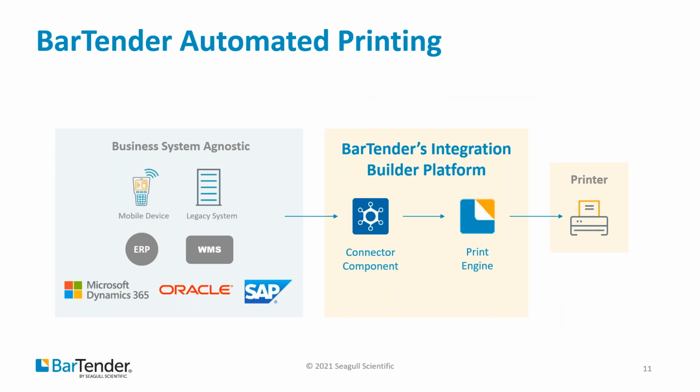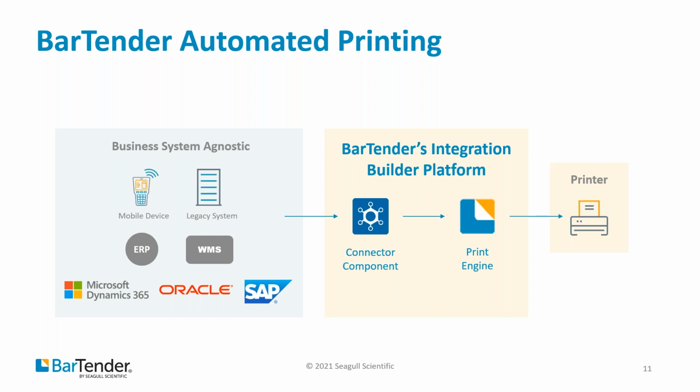Now, really fast, a little bit about how BarTender works in the automation portion. So automated printing, and I talked about having an external signal. Most often those signals are going to come from some kind of data source, or as one of my coworkers likes to put it, the source of truth. It could be an ERP system, it can be a database, it can be a barcode scanner, it can be any number of different things.